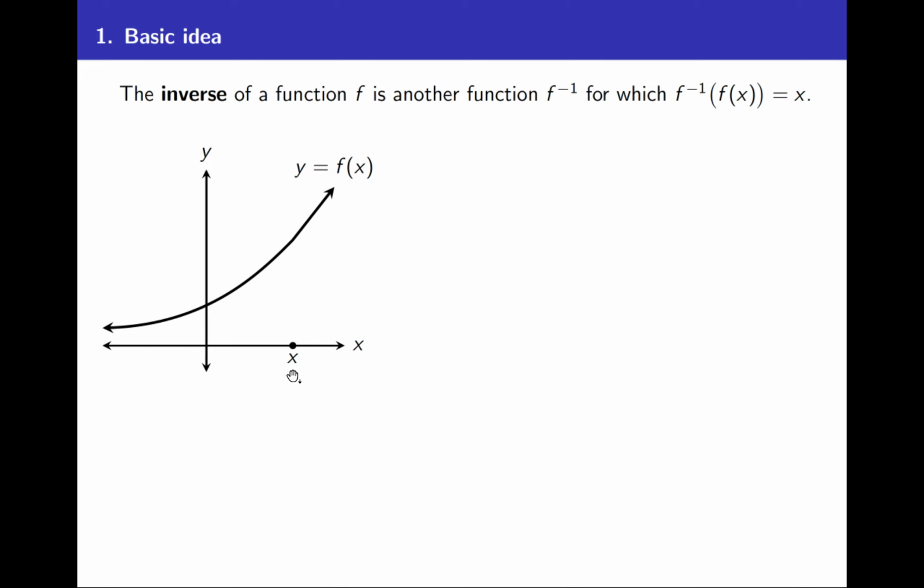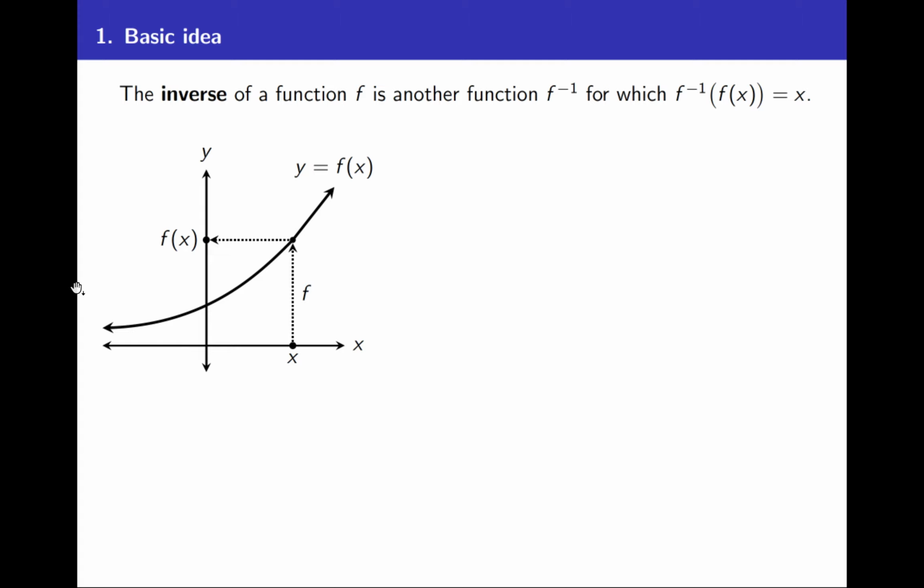Well, if you want to plug in a value of x to f and get an output, you can put x on the x-axis, move vertically to get to the graph, and then horizontally to the y-axis, and you arrive at f of x. So you can think about f as sending this x to the y value f of x.